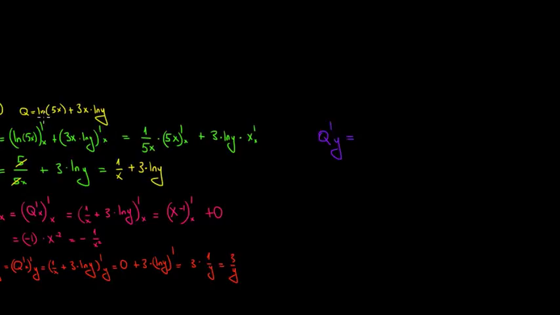Well, from the first part we have just x, so the derivative of that is 0 because it's a constant, plus 3x times ln y derivative. Well, 3x is the constant, so we keep it like that, and we differentiate ln y. So that's just 3x times 1 over y, and that's equal to 3x divided by y.